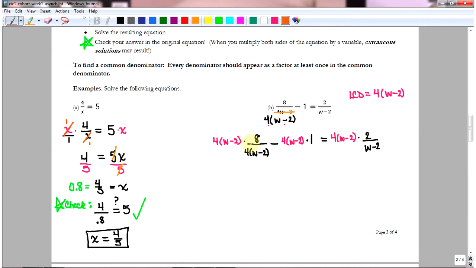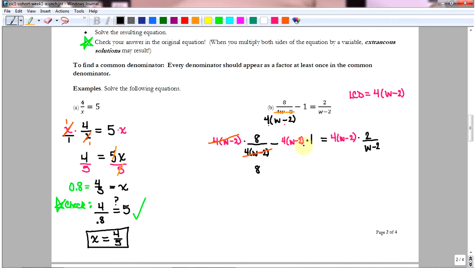All right, so now we need to cancel out what we can, because that's our whole point of multiplying by a denominator, is because it's going to make our fractions cancel out. So the 4 times w minus 2 cancels completely in that first fraction, and we're just left with 8.